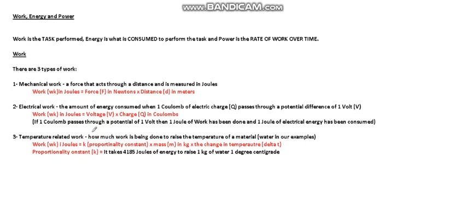And then the last type of work we're going to deal with is temperature-related work. How much work is being done to raise the temperature of a material, water in our examples. So work in joules is equal to K, which is a proportionality constant, which is equal to 4,185. So work in joules is equal to K times M, which is the mass in kilograms.